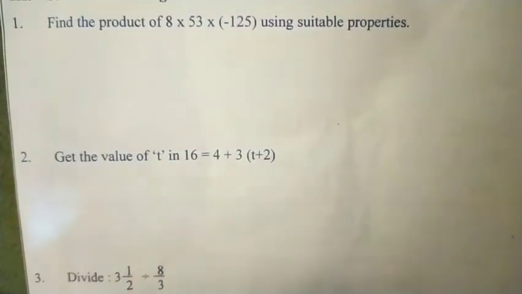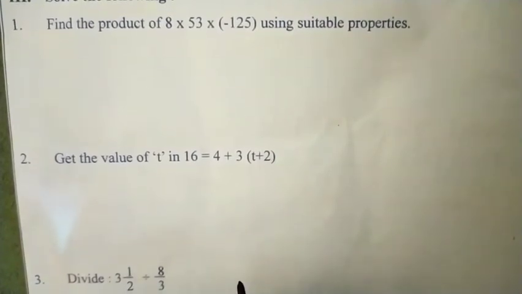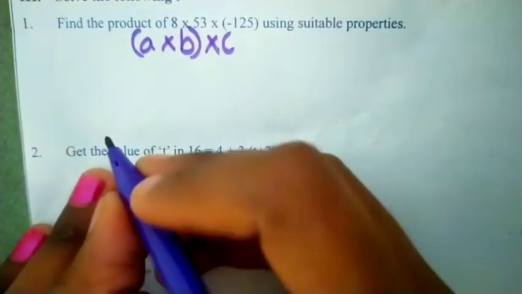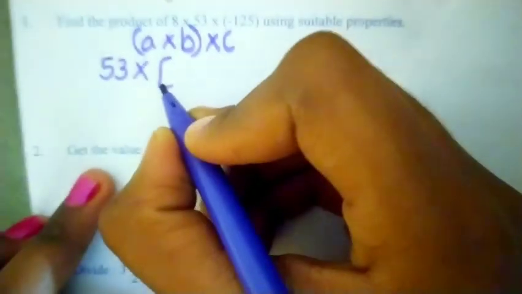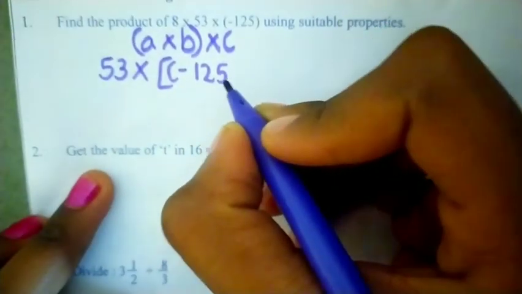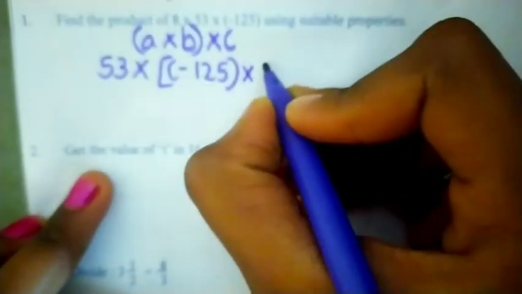So this property is associative property, that is A into B into C. So yes, 53 into bracket 125 into 8.